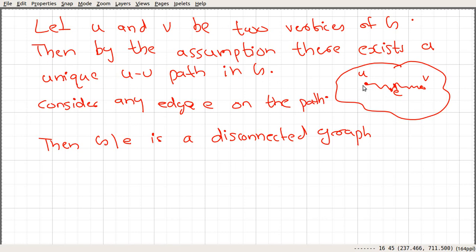Since we have this unique path between U and V, if you remove a particular edge along that path, then the graph will become disconnected.